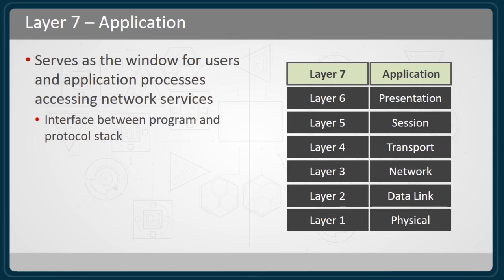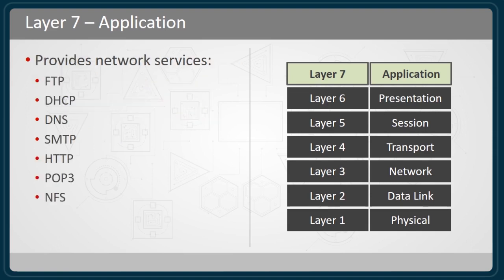That's what we use as users to interact with the system, but it is the protocols within layer 7 that directly support that application and allow it to access the appropriate network services. So, to give you a better idea of what that means, these are some of the network services, and these are just a few of many.